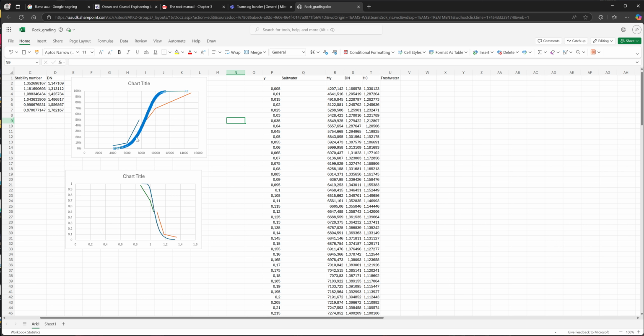So what you can see here are the values given by the standard for the limits of where, inside the 6 to 10 tons grading of the stones, this idealized Rosin-Rammler curve should lie.